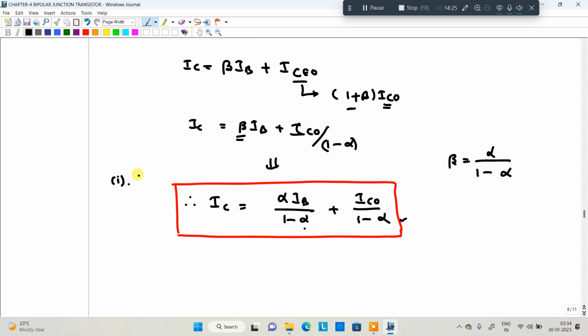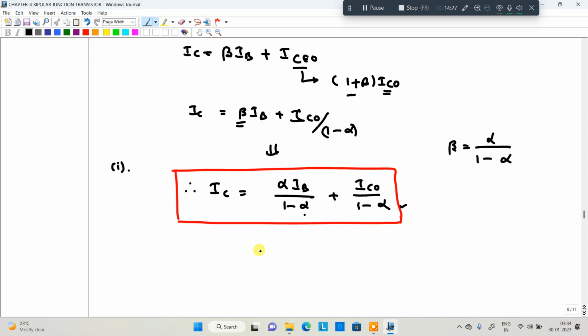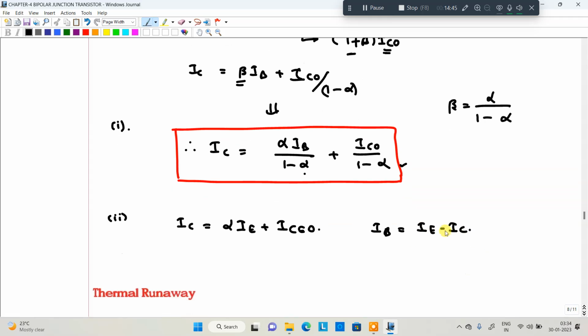Second relation: the collector current IC we can also write as alpha into IE plus ICO. We already wrote that. From that, IB is equal to IE minus IC. Yes or no? Yes.